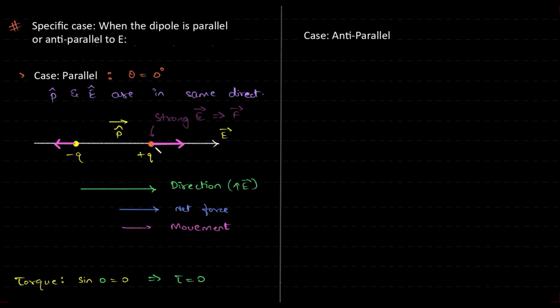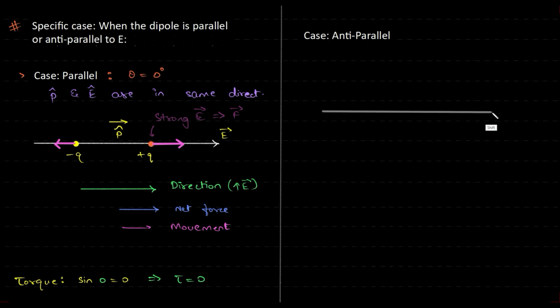So the positive charge will experience a push force while the negative charge will experience a pull force. Because the push is stronger than the pull, obviously it will move in the direction of the push. Right? Again, think step by step, explain it to someone step by step, then you will understand.